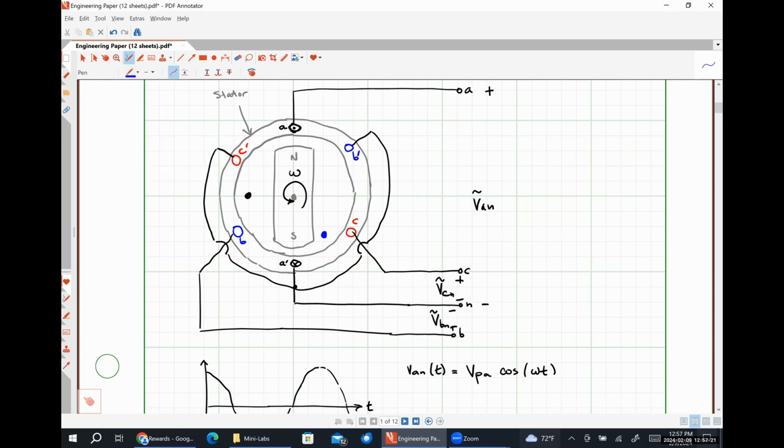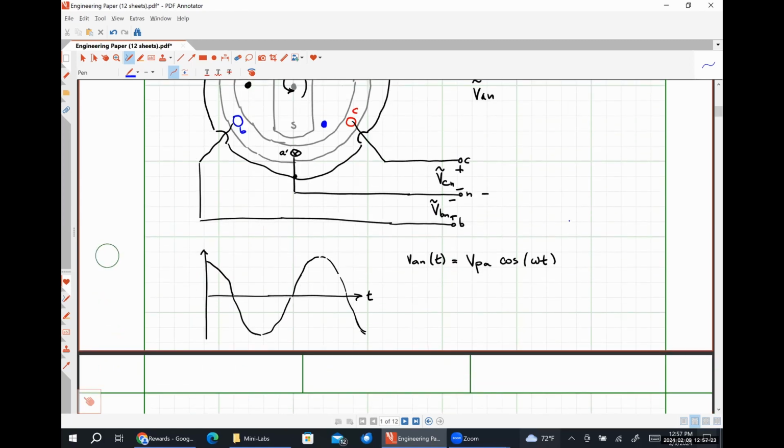So that should look something like this. So let's see, so that's 90. So peak value about right here.